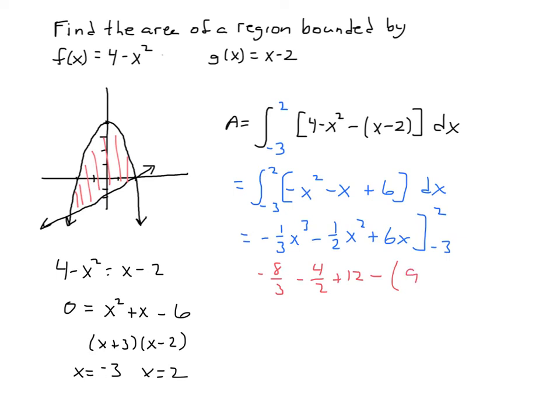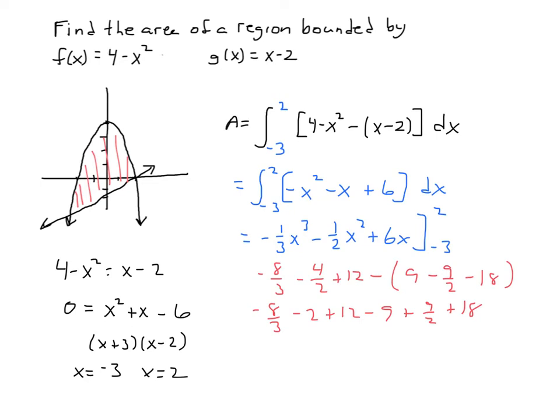Put in 3 squared, that was going to be minus 9 over 2. And it will be minus 18. So I'll get negative 8 thirds minus 2 plus 12 minus 9 plus 9 over 2 plus 18.